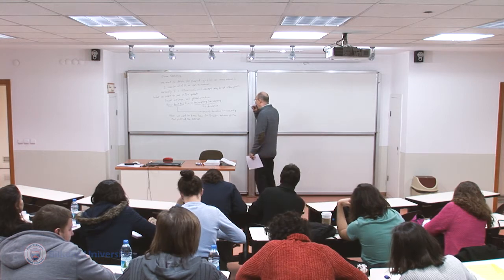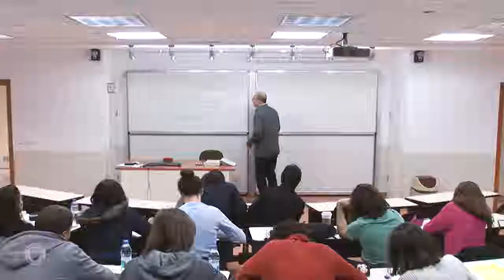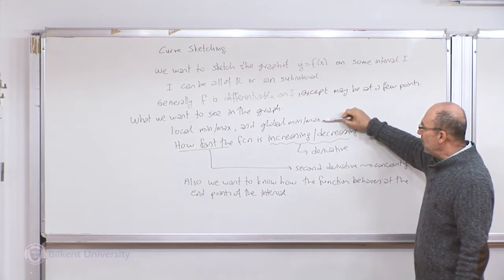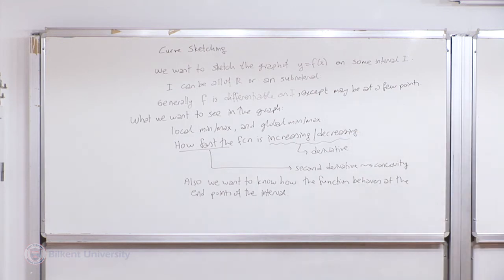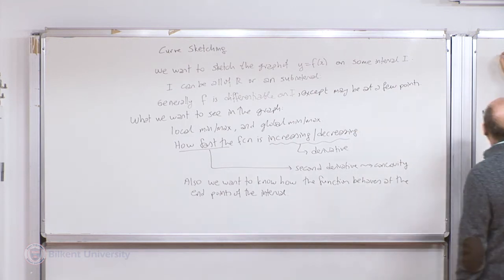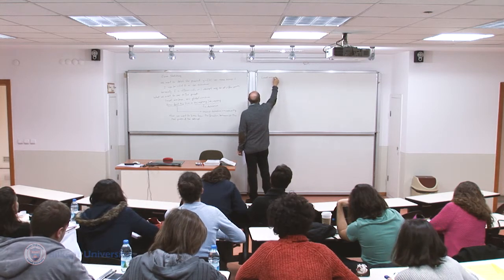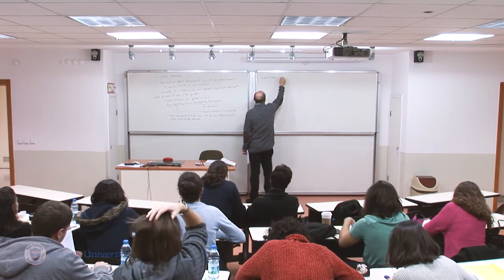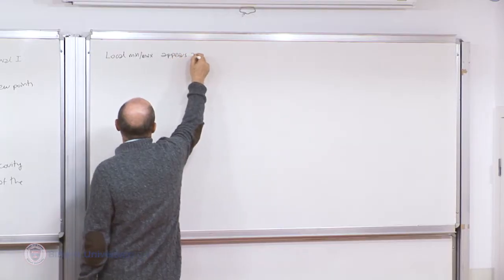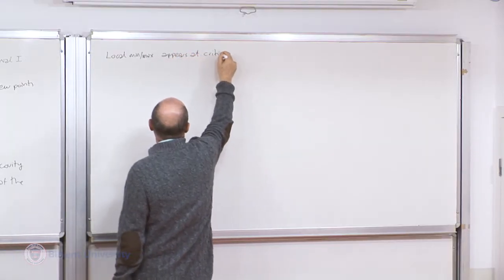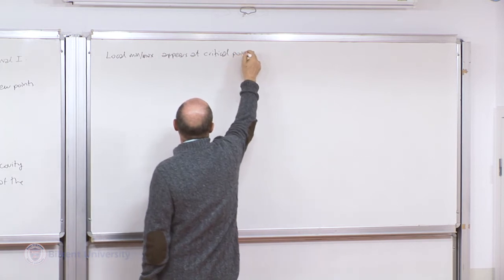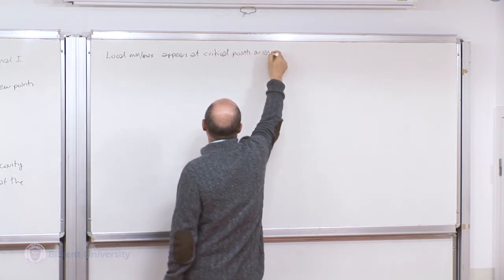Starting from here, theoretically the easiest part is the first one. You take the derivative. Local min and max appear at critical points or endpoints.